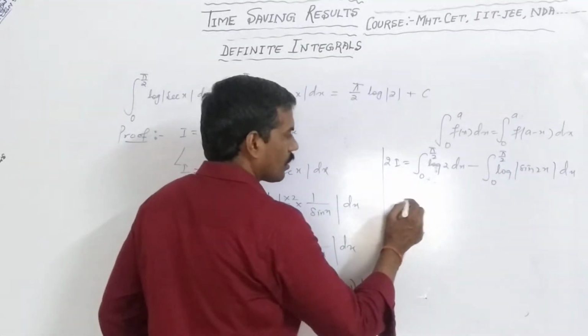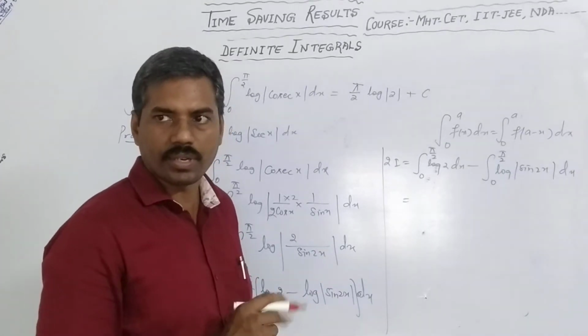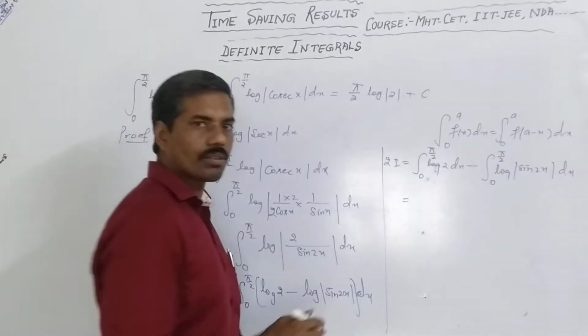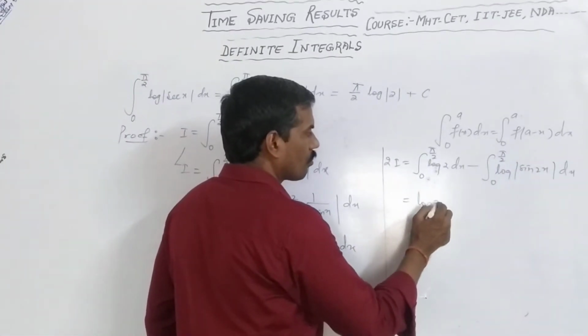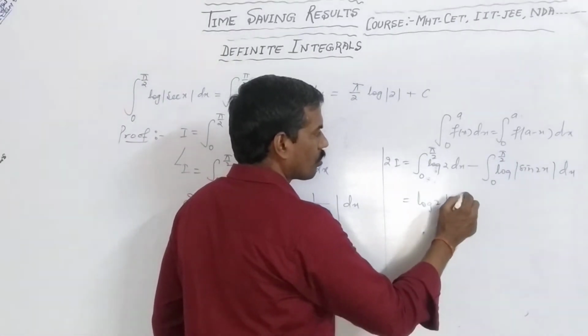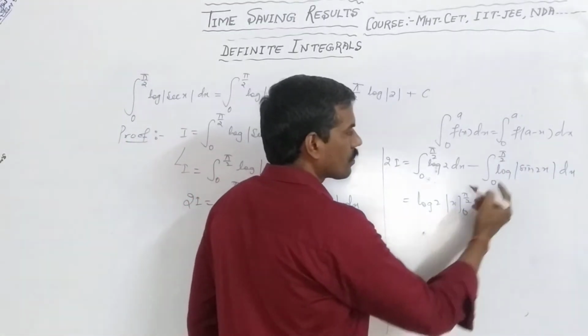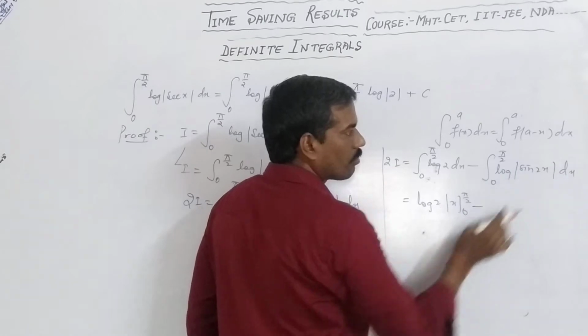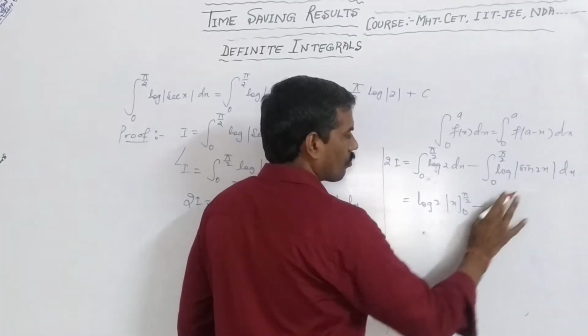Log of 2 is a constant, taking outside of the integral, and integration of 1 is x, so log of 2 into x from 0 to pi by 2 using the definite integral, minus the second integral.